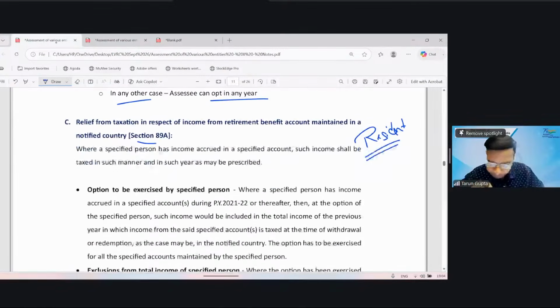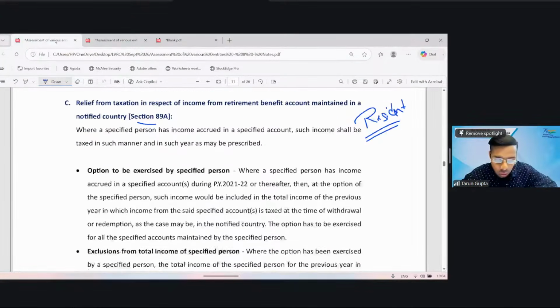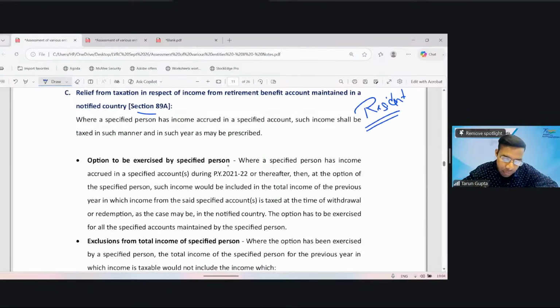It says that when you are resident, then you can opt for this relief. Who can opt? Only a specified person. I tell you who a specified person is: a person who was earlier working in these countries and has accumulated some retirement benefit accounts.